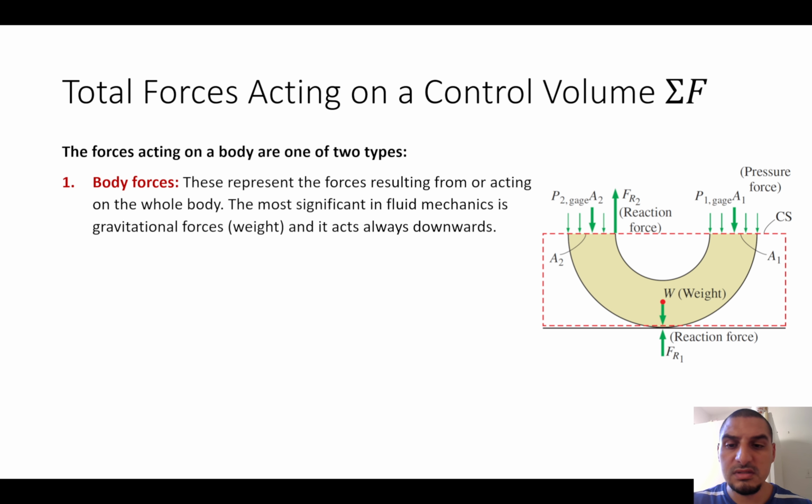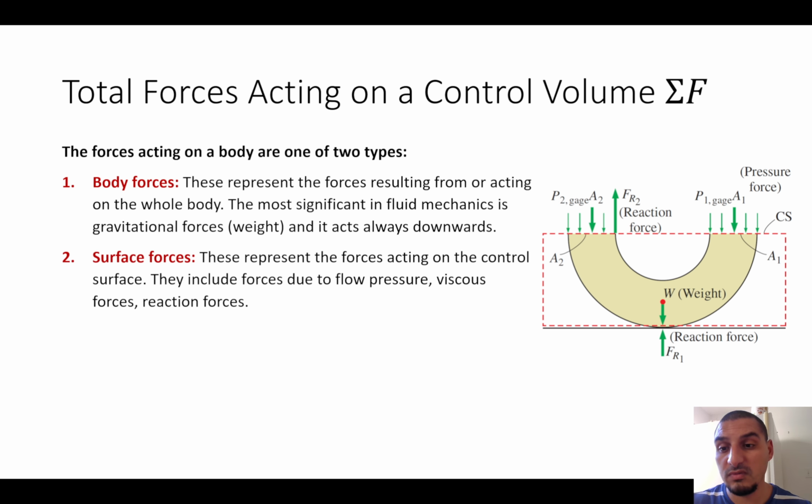The second type is the type of forces that act on the surface of the control volume, and this is what we call the surface forces. Just to make this point clear, they don't act on the whole control volume, they just act on the surface.